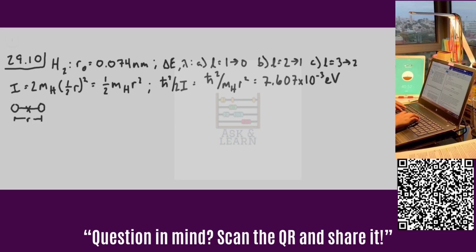And so further, we have that the change in energy between some L initial to L final is the initial L times this h bar squared over 2I we just found the value of.